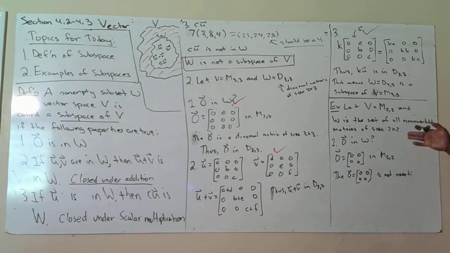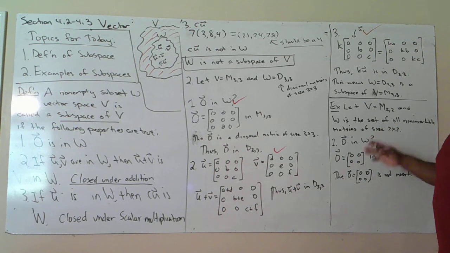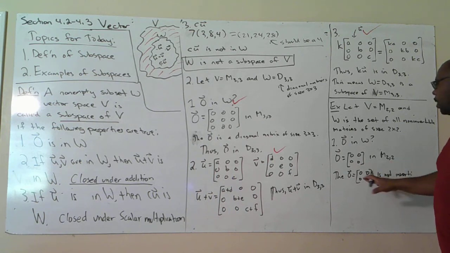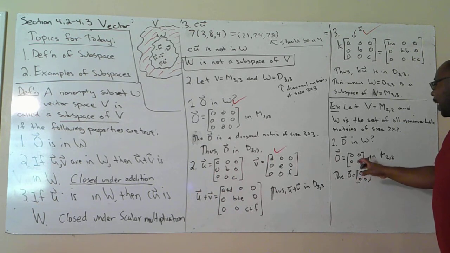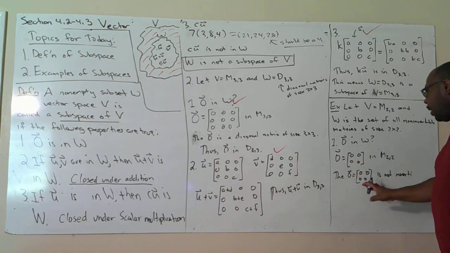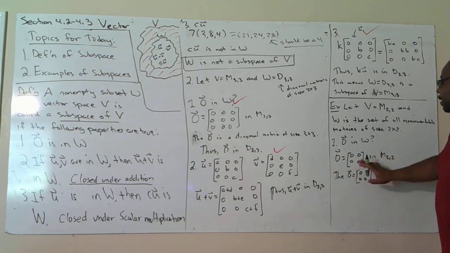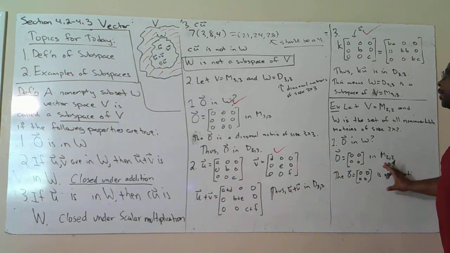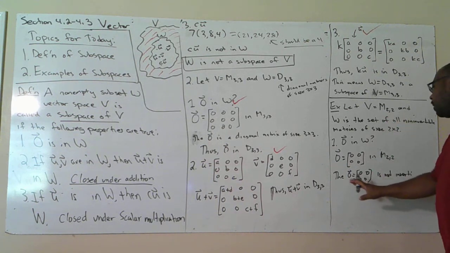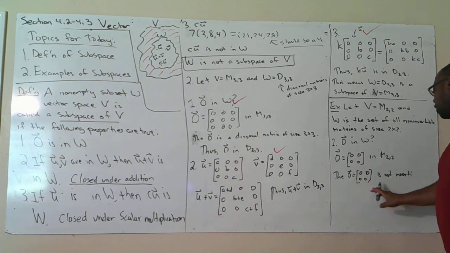So W is a set of all non-invertible matrices of size 2 by 2.